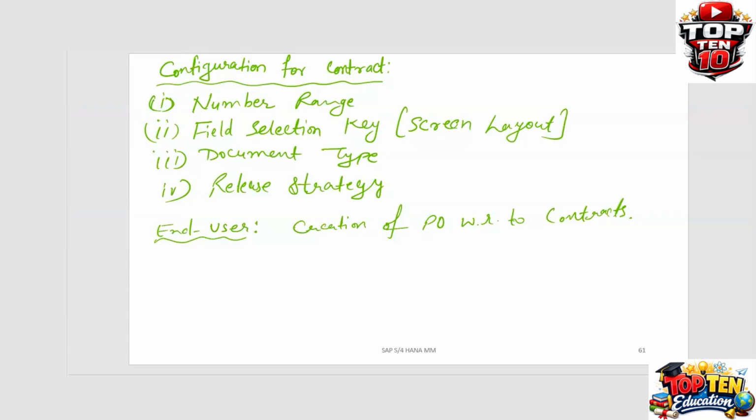Now enter. Release orders against contract not possible. Why? Release orders means purchase orders cannot be created against that contract because that contract is not released.